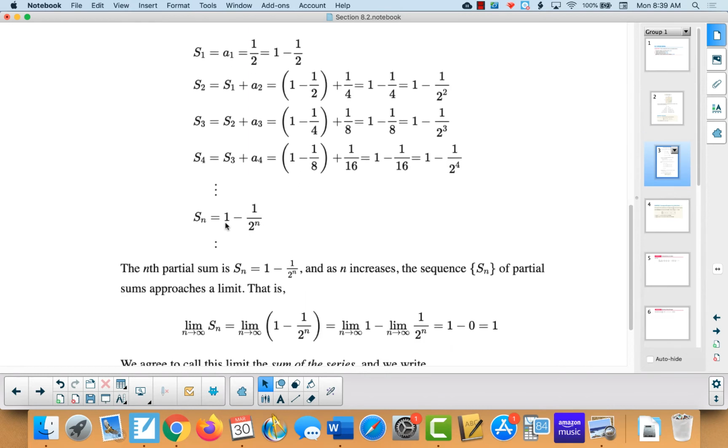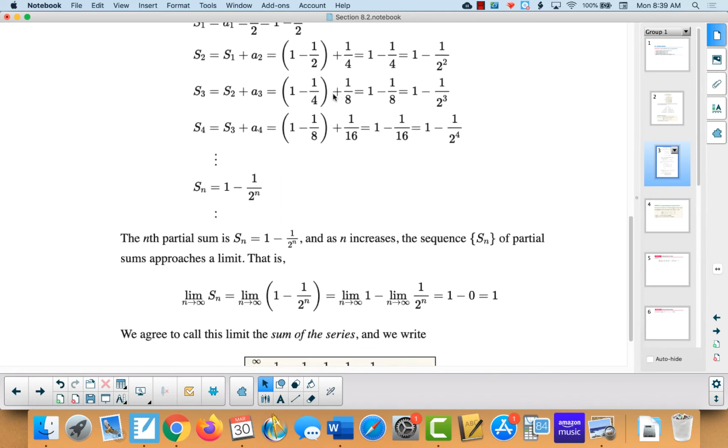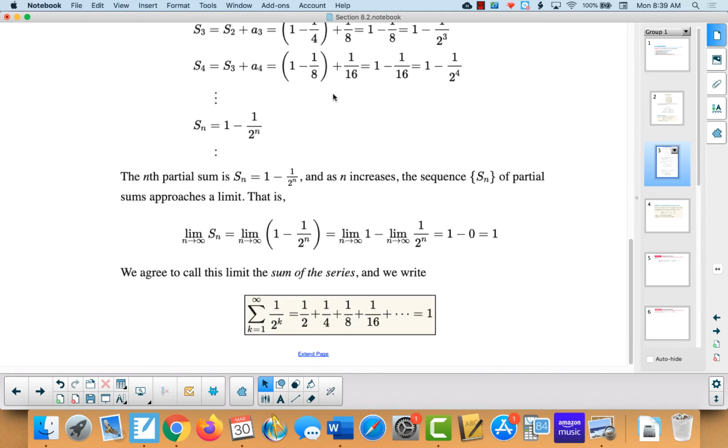So we're always taking 1 and subtracting 1 over 2 to the n power. That's what we finally get. And if we take the limit as n approaches infinity of this amount right here, we get 1. So we can see that the limit of that sum as we approach infinity is going to be 1.